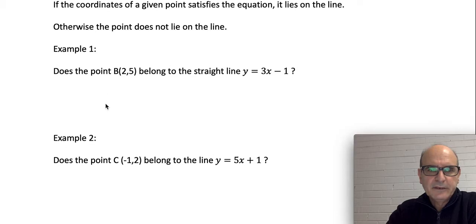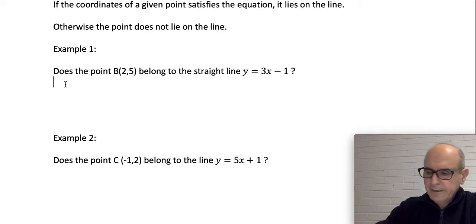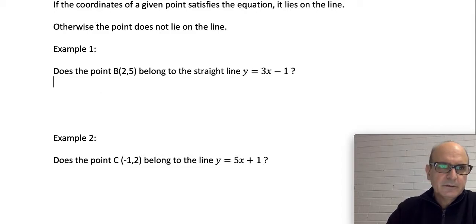And as we said, it will be the case only if the point satisfies the equation of the line. What does this mean?